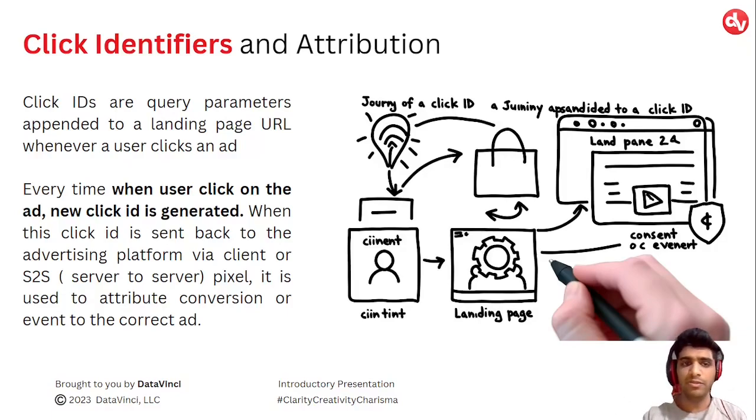So when a user clicks on an ad, a new click ID is generated, and this particular click ID is sent back to the advertising platform either via the pixel or via the server-side integration, maybe via CAPI for Meta, or even enhanced conversions for Google Ads. And this particular ID is then used to attribute that conversion to the correct ad creative.